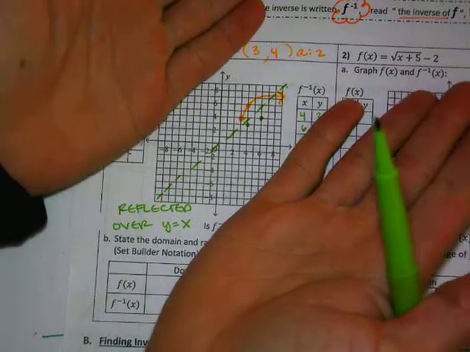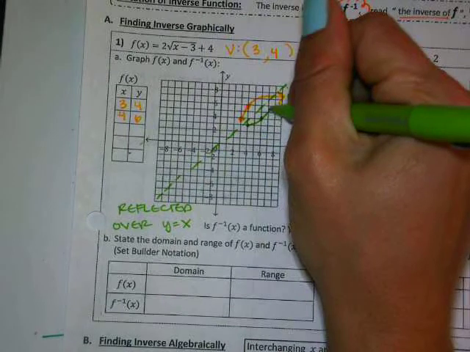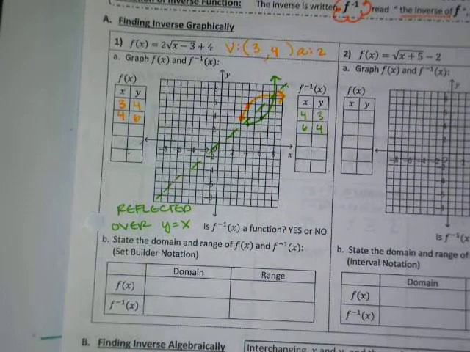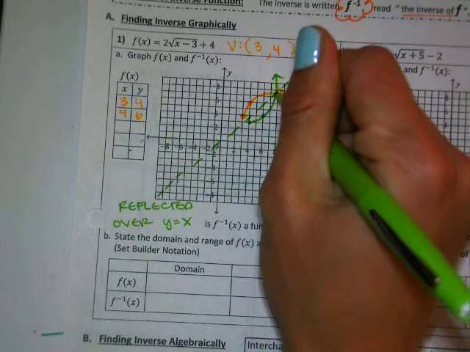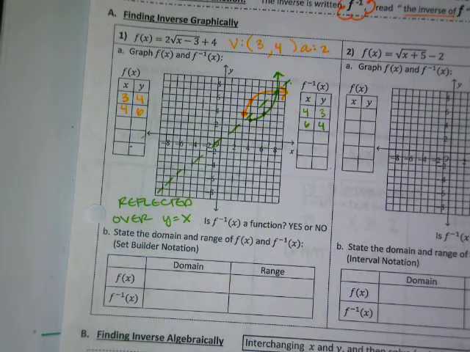And so your original and your inverse should match up. So your inverse is going to go like that. If your original crosses y equals x, so will your inverse, because otherwise it's not going to be able to be matched up, right? That only just makes sense. All right, so graphing that, does that make sense?